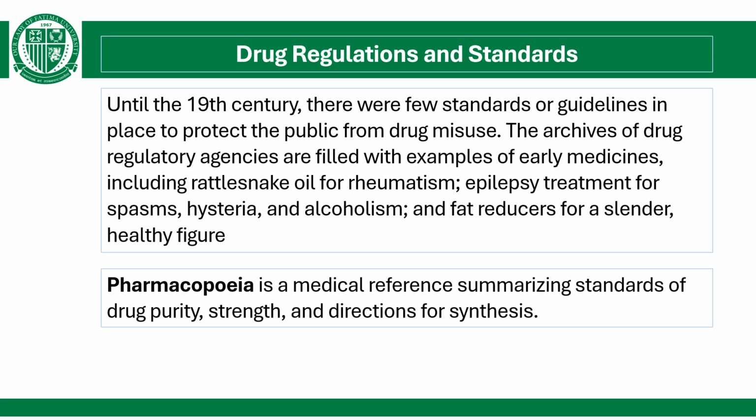Now, we have the term pharmacopoeia. This is a list of medical references which summarizes the different drugs according to their purity, according to strength, and how they are made, or even how to use them.